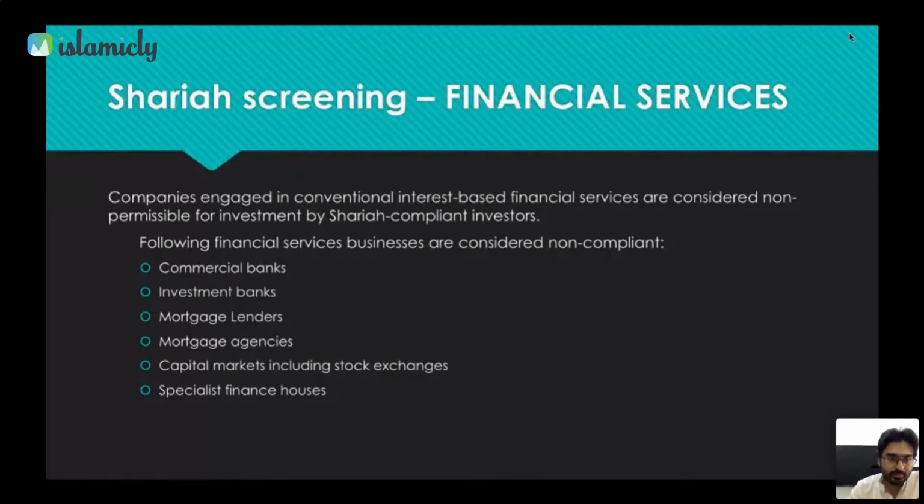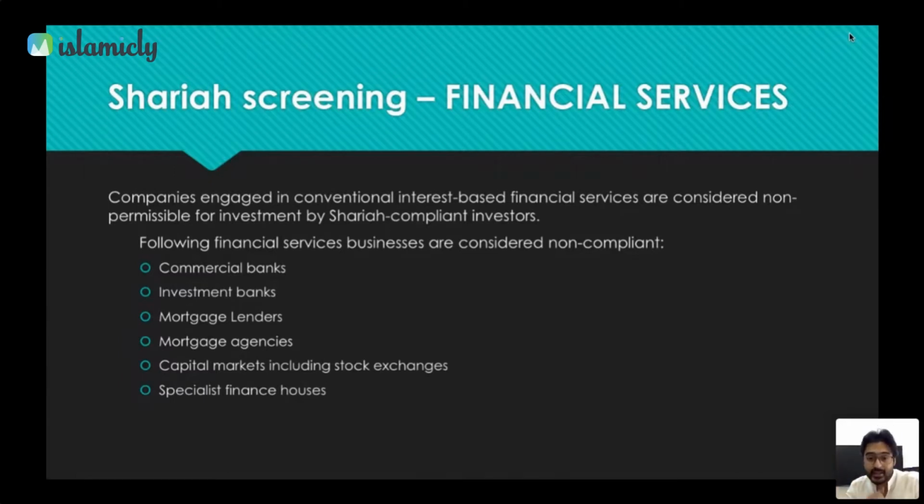But let's look at the point number 5, capital markets, including stock exchanges. Did we not hear, and is this whole discussion not about investing in stocks? And isn't investing in stocks Shariah compliant? Yes, investing in stocks is Shariah compliant, but that does not mean that the stock exchange as a business is Shariah compliant.